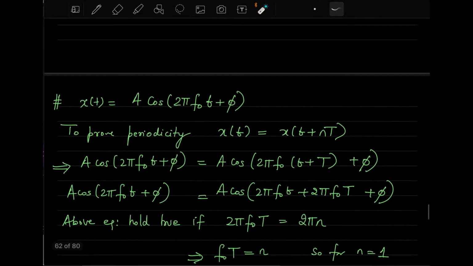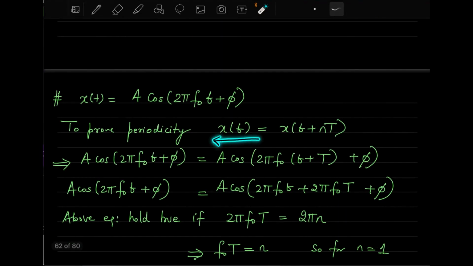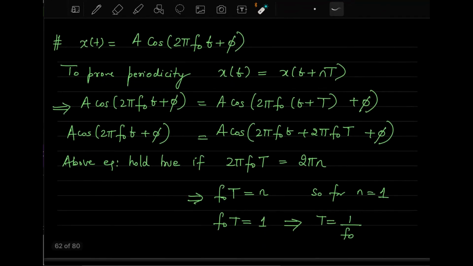You can use this definition. You can write A cos of 2 pi f0 t, and then take the first instant of that, that is n equal to 1, let us say. So it will become A cos(2 pi f0 (t plus T) plus phi), which you can expand like this.